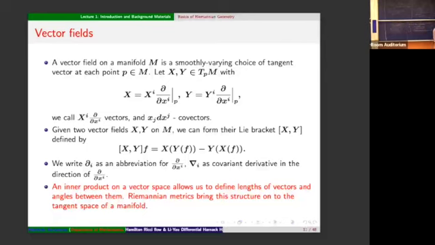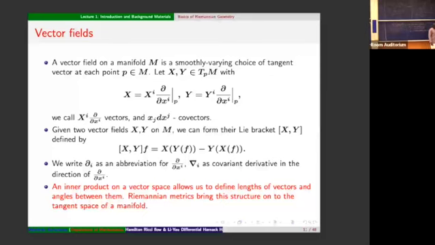An inner product on a vector space allows us to define the length of vectors and angles between them, just as in Euclidean space. Then the Riemannian metric brings this structure to the tangent space of a manifold.